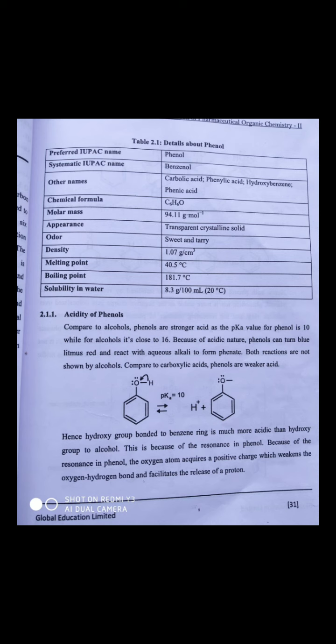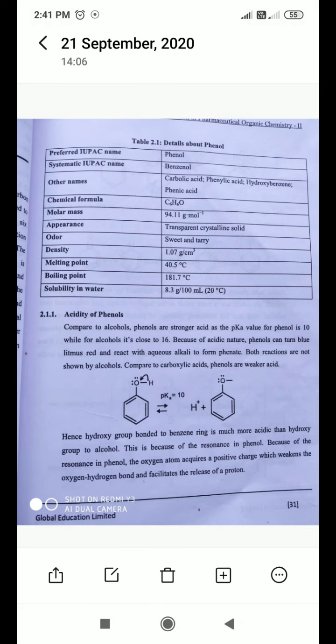Appearance: transparent crystalline solid. How does it look? What is the state, solid, liquid or gaseous? Phenol is a solid, having a transparent crystalline nature.